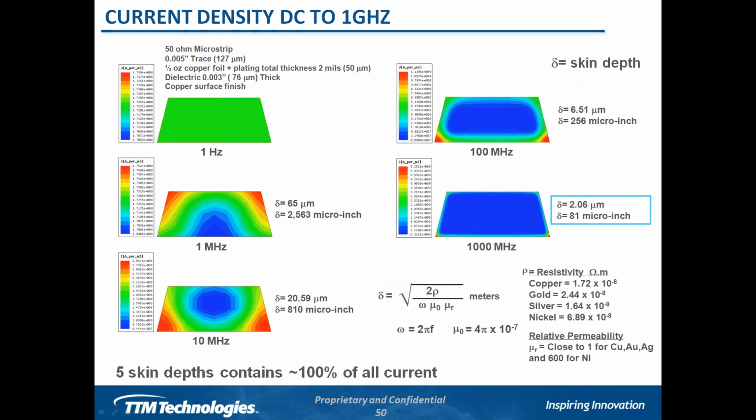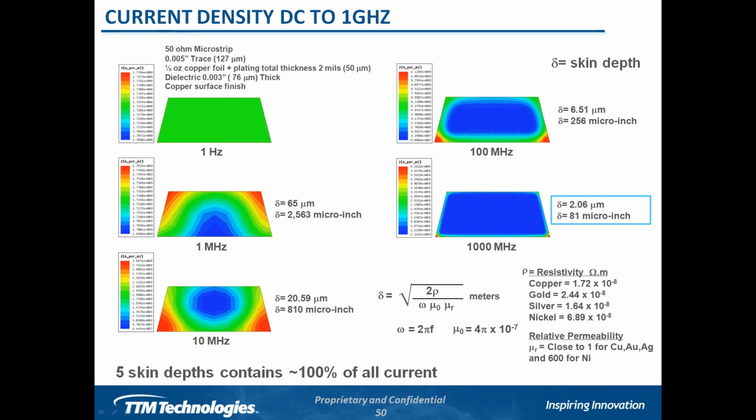And then the other thing we look at is how signals, especially when you start to get to high-speed signals, your current density tends to change. So I have a couple of examples here of how current density changes from basically DC or a very low frequency application. That green is a very consistent copper density.